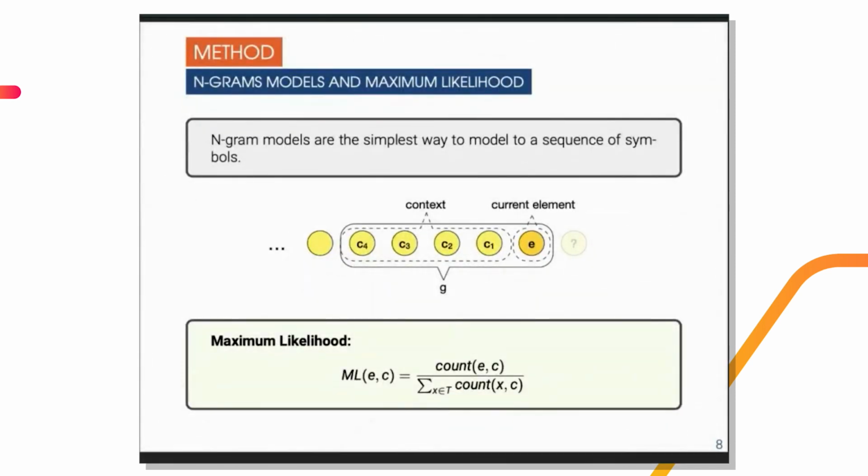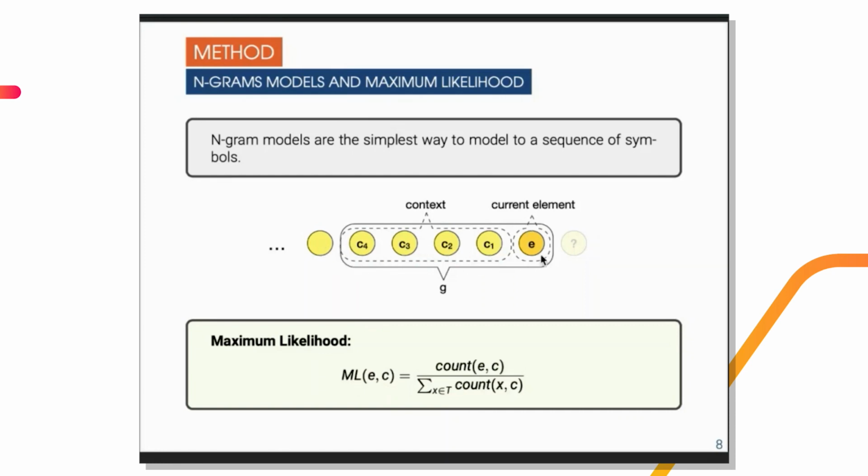So starting at the beginning then, perhaps one of the simplest ways to think about modeling sequences is to use n-grams. An n-gram is just a subsequence of length n, and this diagram here shows such a subsequence.